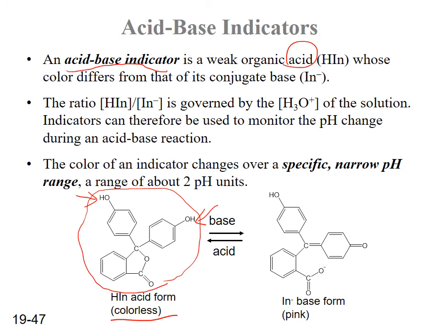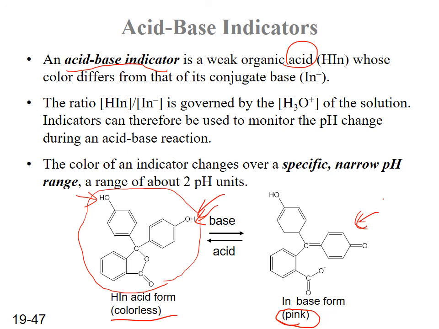When base is added to the solution, base will deprotonate one of the hydrogens from the molecule, and the molecule rearranges and becomes the right side form. And this right side form is the conjugate base of the weak acid. This conjugate base is pink. So phenolphthalein may be a different color depending on the hydrogen ion concentration.